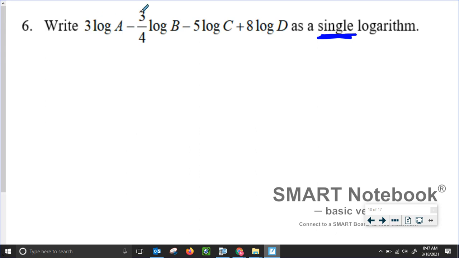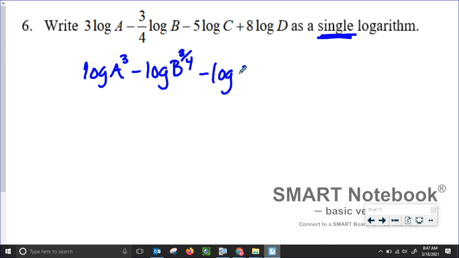First, I'm going to move all of my out fronts up in as exponents. So I'm going to start with log of a cubed minus log of b to the 3/4 minus log of c to the 5th plus log of d to the 8th.